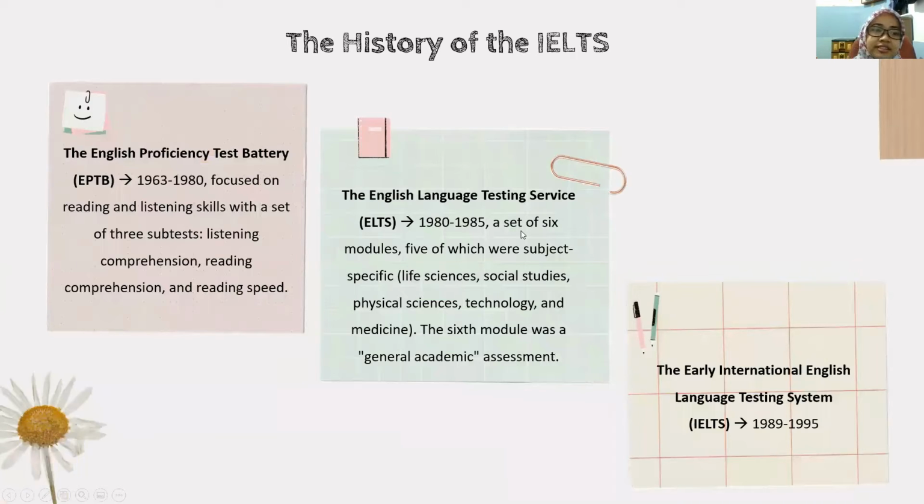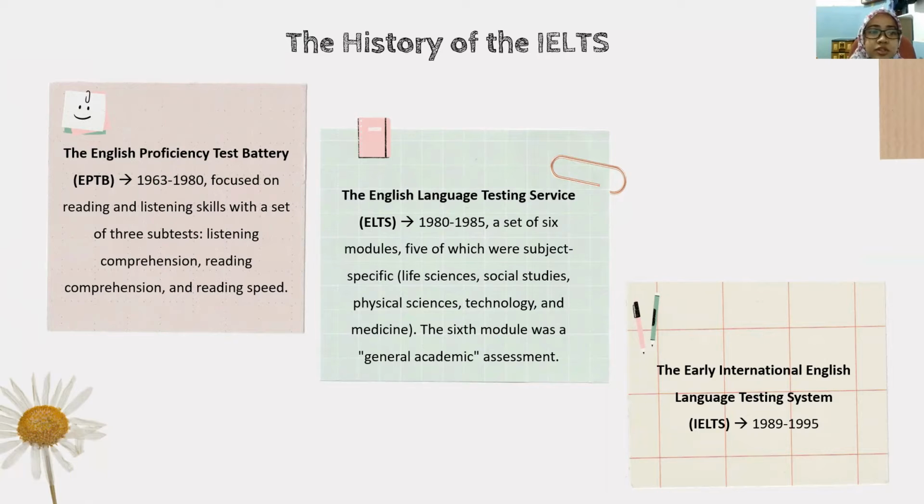The current IELTS is the product of a long process, so let's review the history of the IELTS. The first major standardized test for international students intending to study at universities in the UK was the English Proficiency Test Battery, or EPTB, which was first developed by the British Council and the University of Birmingham in 1963, and first taken in 1965.